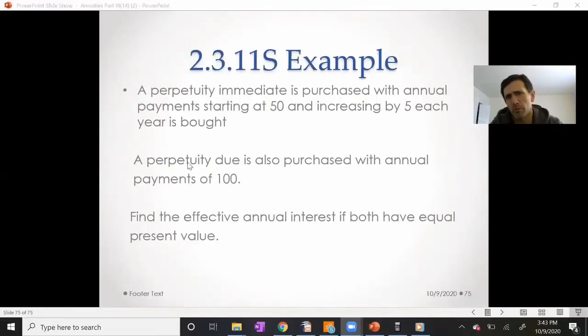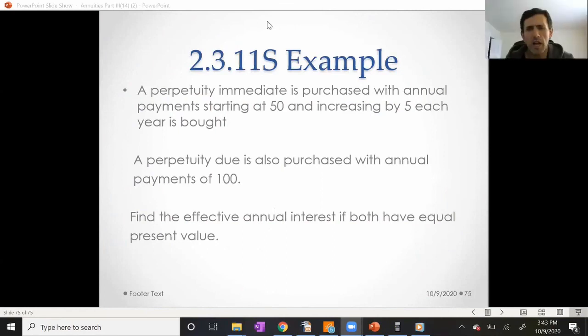Going to the next one, there's really not much to it. We're given that it is just a perpetuity due with annual payments of 100. So we just plug and chug into the formula for that. Don't need to really draw a time diagram.